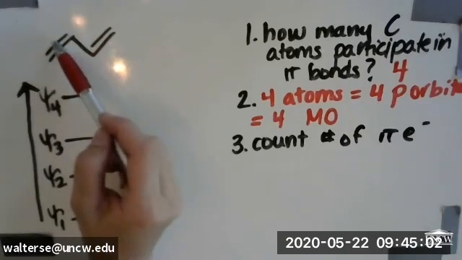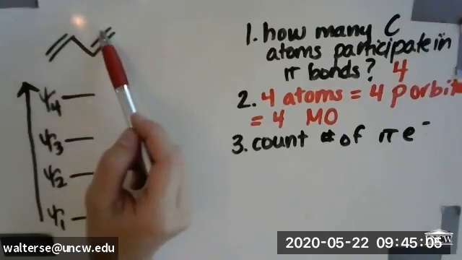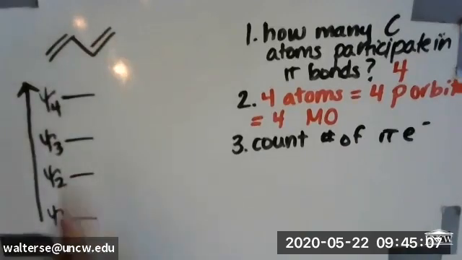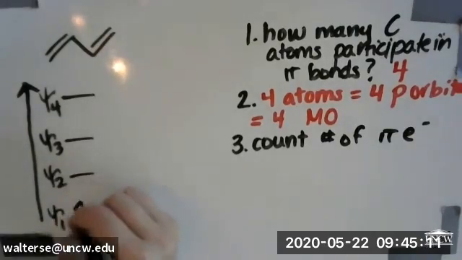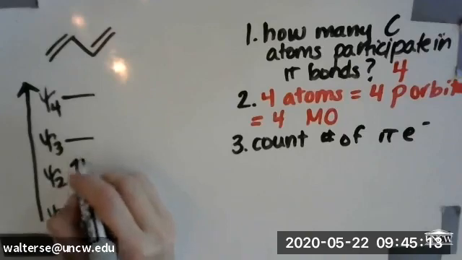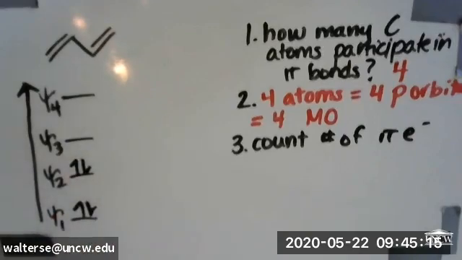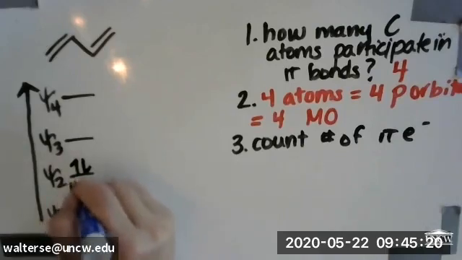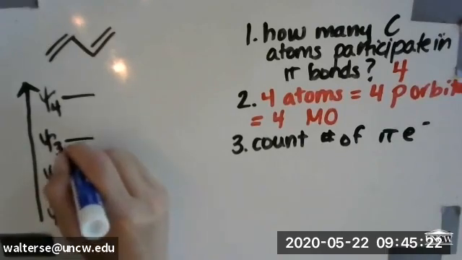So you have 2 here and 2 here for a total of 4 electrons. You always start low and work your way high. So you would say 1, 2, 3, 4. So in this case, this is your HOMO, and this is your LUMO.